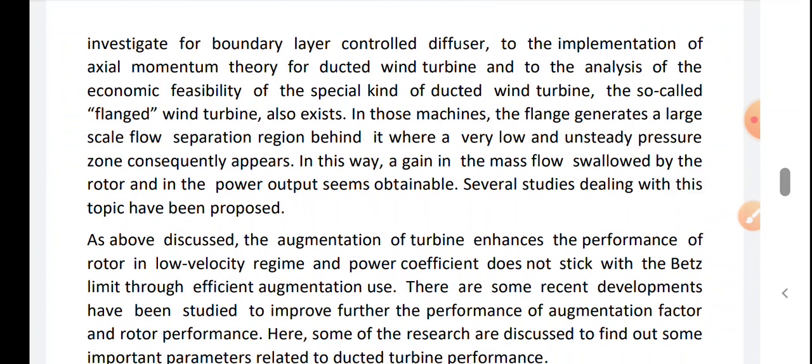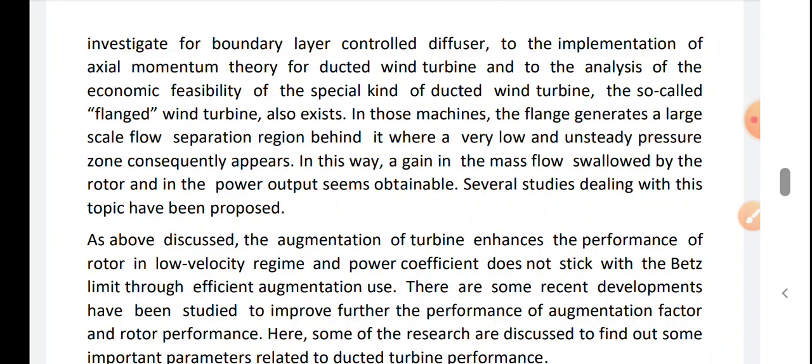The augmentation of the wind turbine enhances the performance of the rotor in the low velocity areas, as we have already discussed, and also the power coefficient doesn't stick with the Betz limit if we are using efficient augmentation techniques, which are very advantageous for the power generation through wind turbine system.